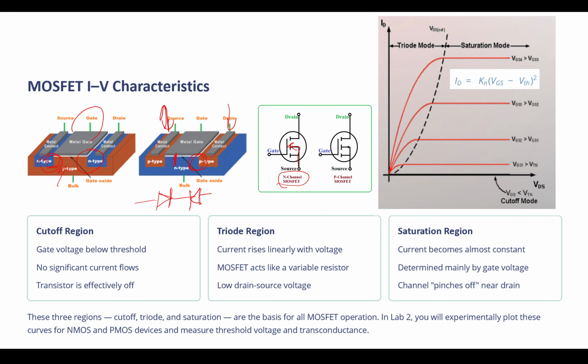If we don't apply anything to the gate, the gate is neutral and doesn't do anything for us. The signal between the drain and source would see two diodes in opposite directions to each other.